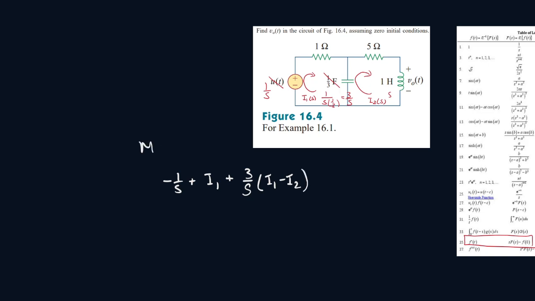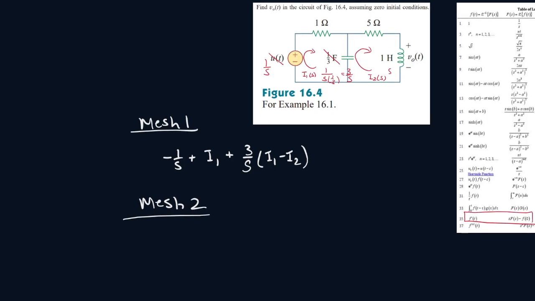And that's for your mesh 1. For your mesh 2, it's 3 over s times I2 minus I1, plus 5 I2, plus s I2.